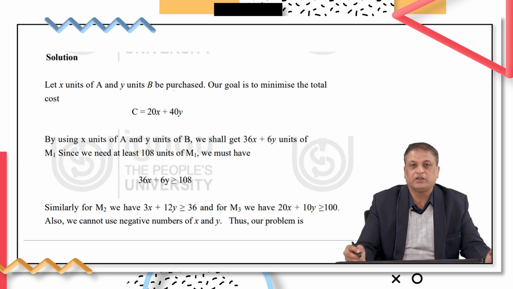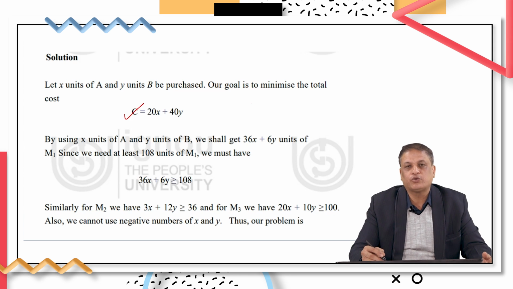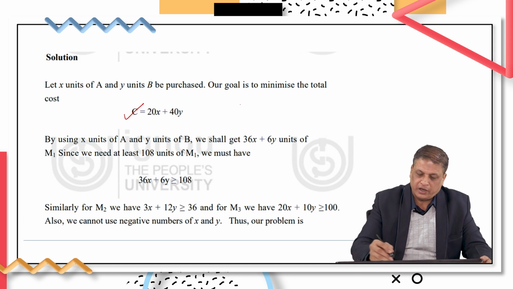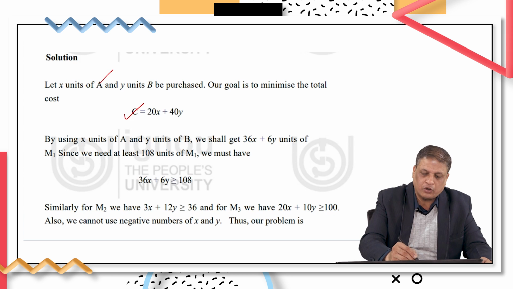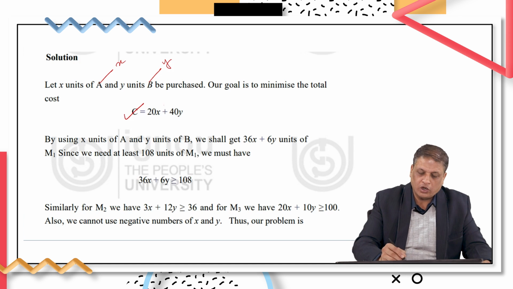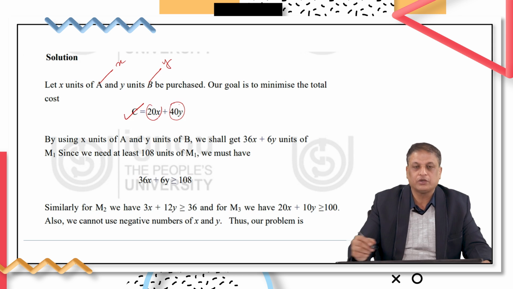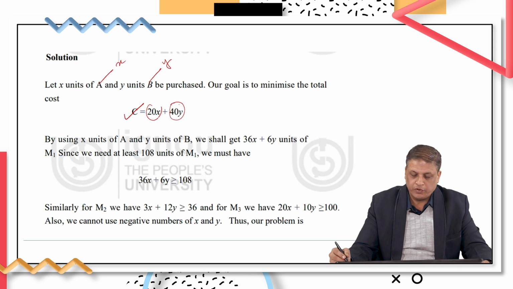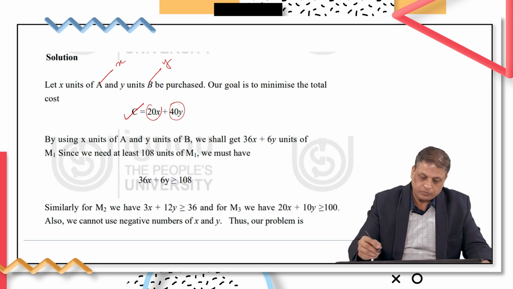So, the cost function in this case replaces the profit function. Since 20 rupees is the cost of product A, say X represents units of product A and Y represents units of product B, then the cost function will be 20X plus 40Y. So, this will be the overall cost.